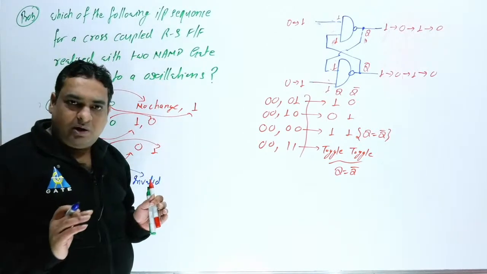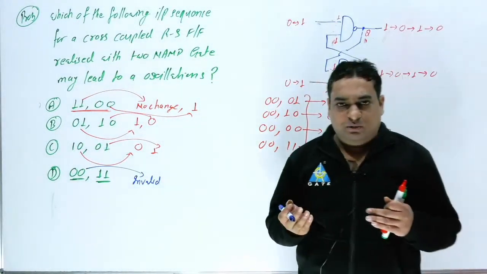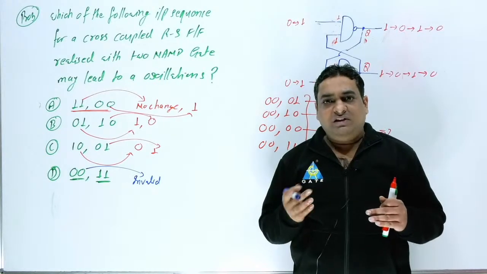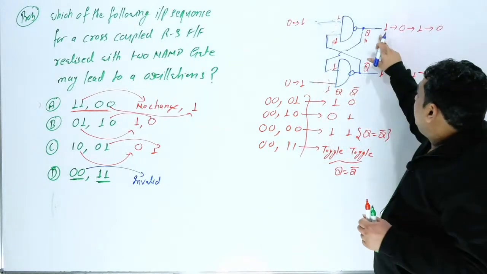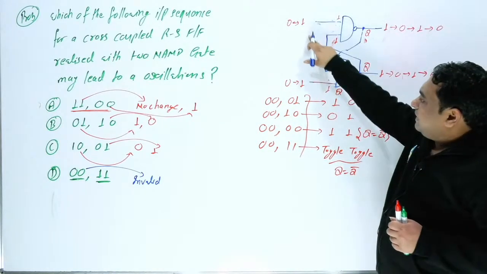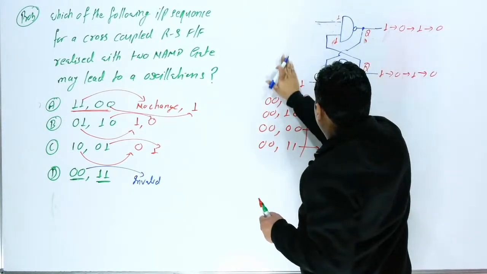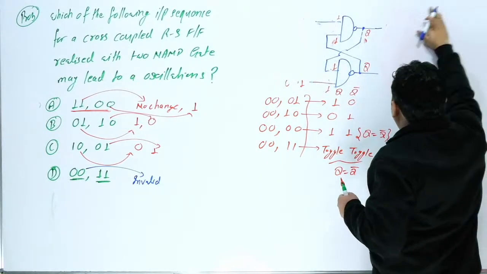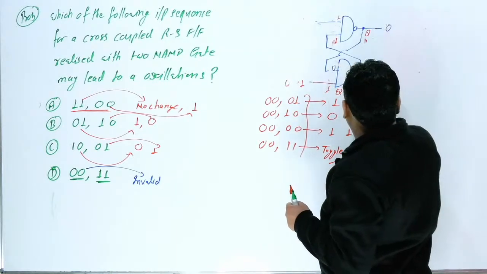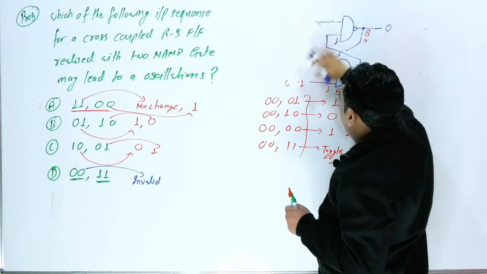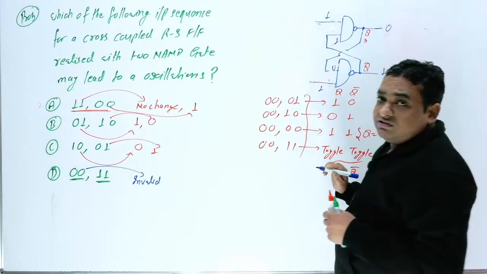So in any flip-flop, if we apply the input for no change output, you will get no change only if your previous state was the valid state. So if this was 0 and this was 1, and you apply here 1, 1, then you will get no change. You will not get the toggle state, you will get a valid state.